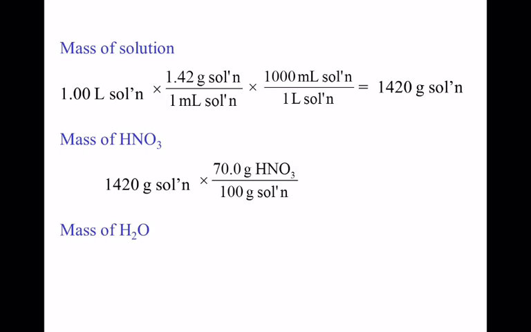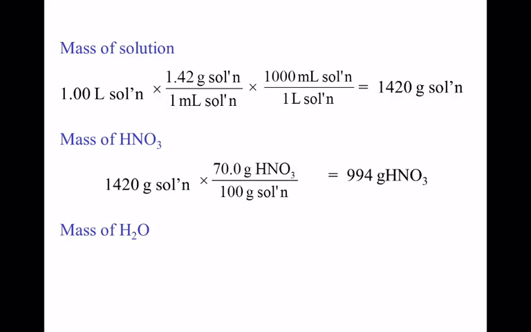We're left with grams of HNO3, which, remember what we did with grams of HNO3 before, we used the molar mass to get to moles of HNO3, and that's exactly what we're going to do. The math will look a little different, but you will get the same numbers. You should anyway. Rounded to 3 significant figures, the grams of HNO3 in this case, on this basis, are different, of course. It's 994 grams of HNO3.